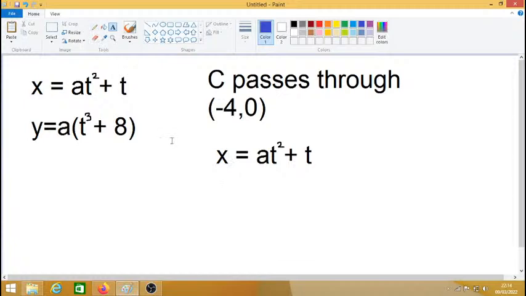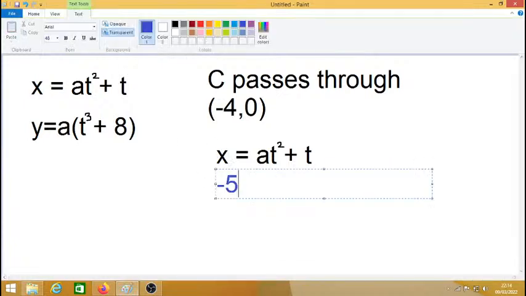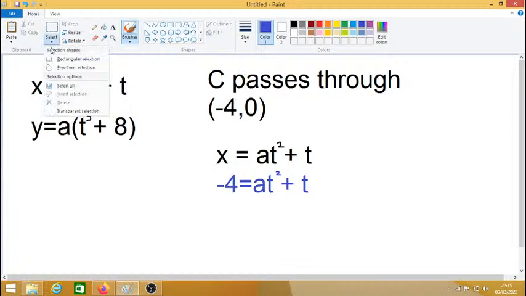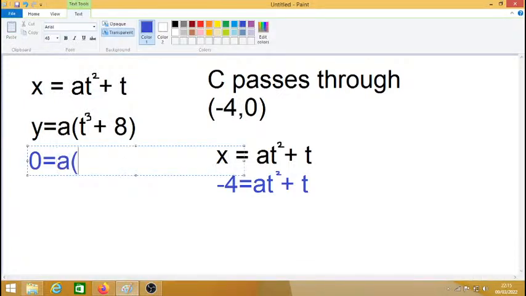That becomes -4 is equal to at squared plus t. And at the same time, the y coordinate is 0, so we get 0 is equal to a times t cubed plus 8.